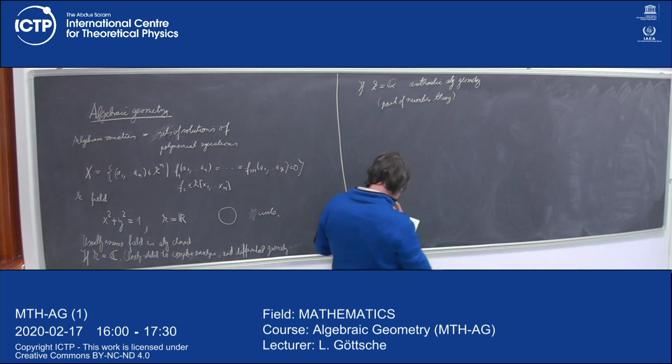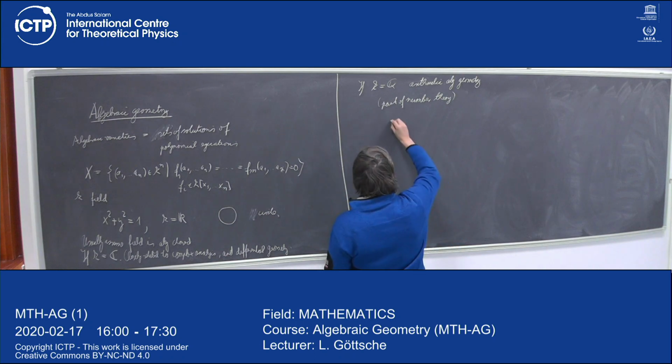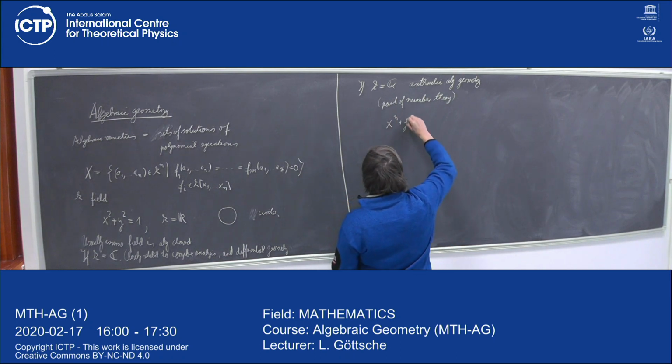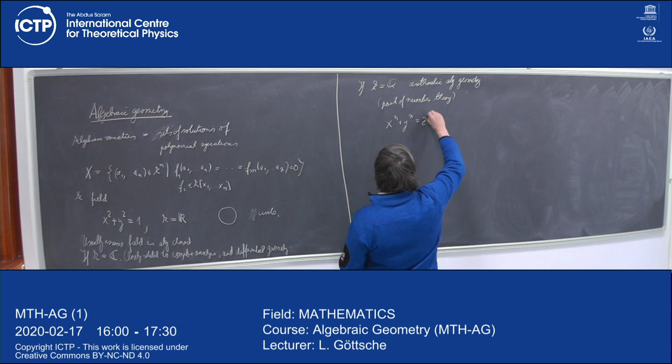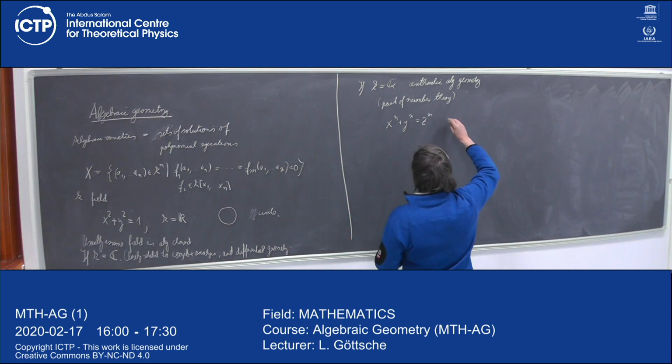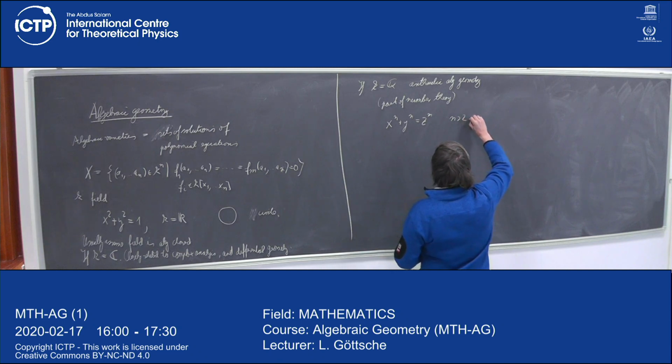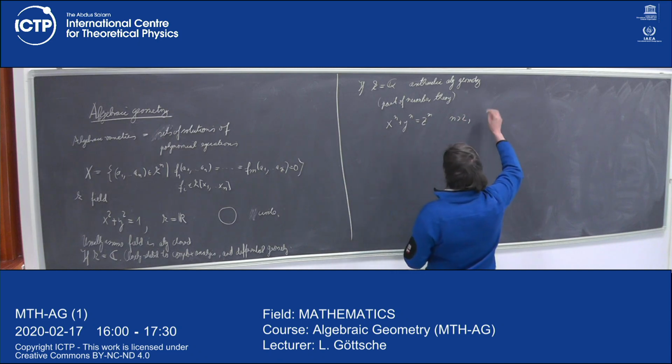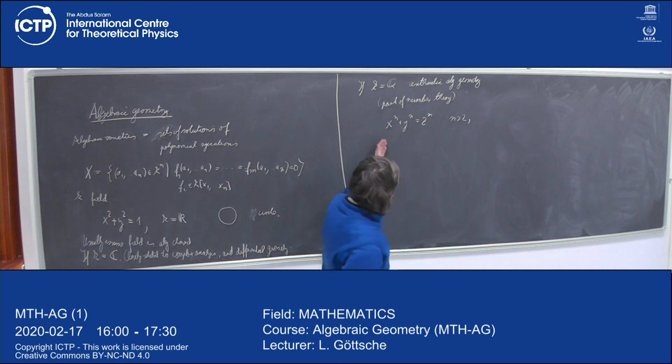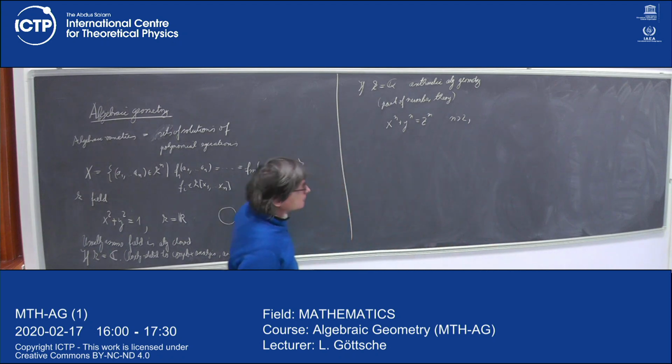So one could, for instance, study the equation x to the n plus y to the n is equal to z to the n, with n bigger than 2, an integer, and we want to do this over the rational numbers.